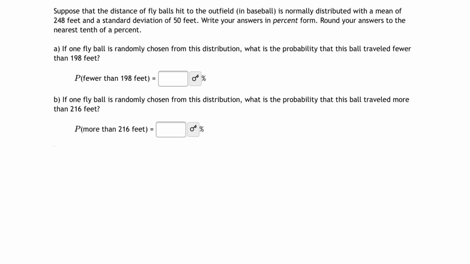In both instances, I want to start out by looking at my standard normal distribution as a picture. So I'm going to draw a standard normal distribution curve, just sketch it out.